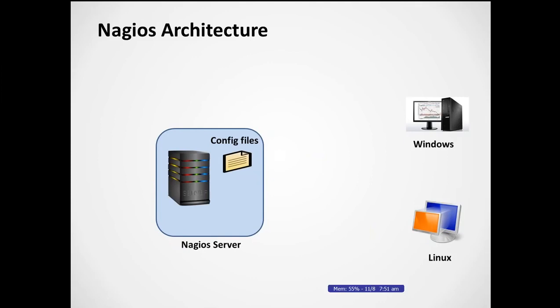We will go deep into what these configuration files are and how you write them so that Nagios does the check. But the first thing you need to understand is that Nagios uses a group of configuration files through which it will know what it has to do and when it has to do it.